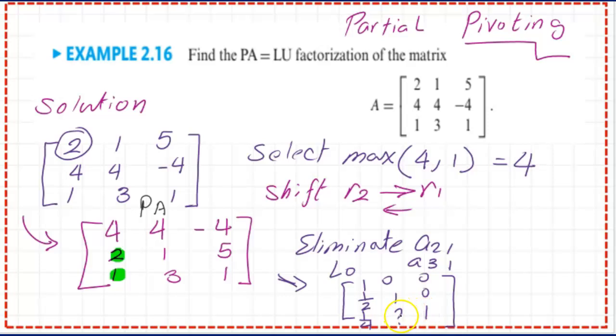Still we have L sub 3,2. But we have to be careful because we are going to check whether there is another swap or not. If there is a new swap, then we have to multiply again by a permutation matrix, and this will affect the final lower matrix elements, as we are going to see in the next slide.